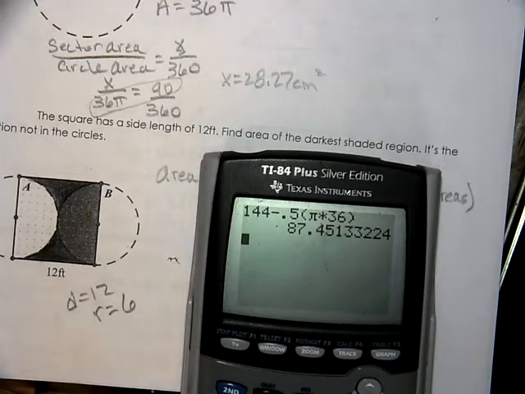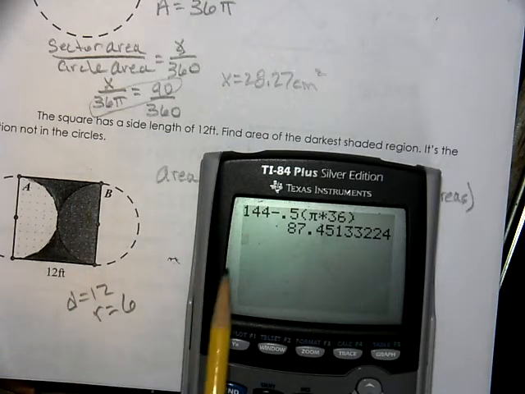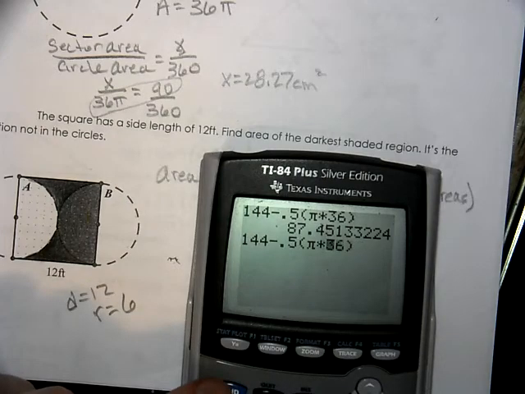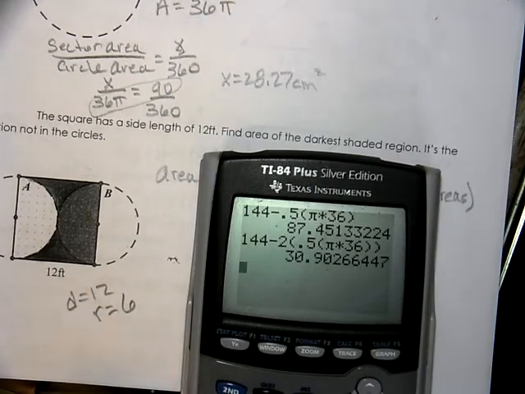That would make it a little bit bigger. There would be more area covered. We subtracted 2 times that amount. And we got 30.9. So however you solved it is fine. The intention was the 30.90.